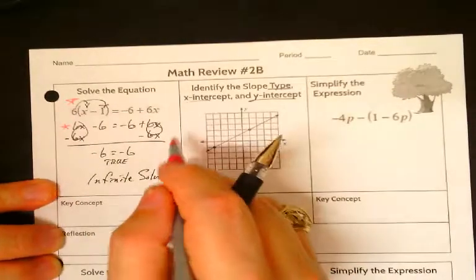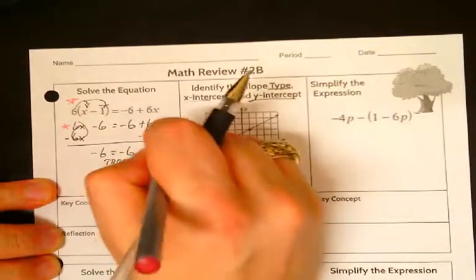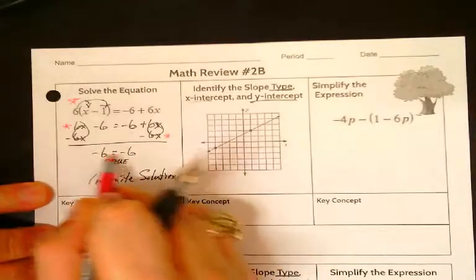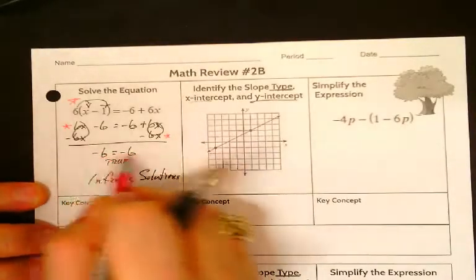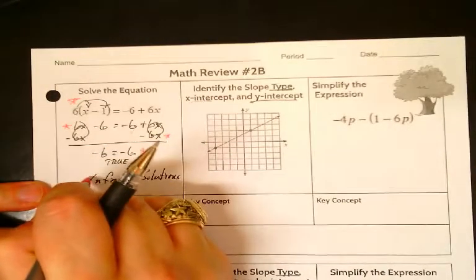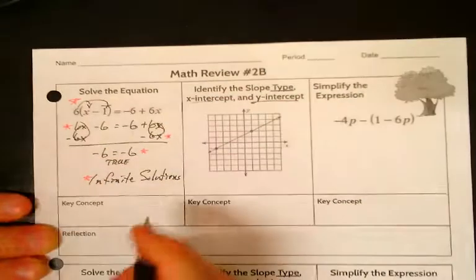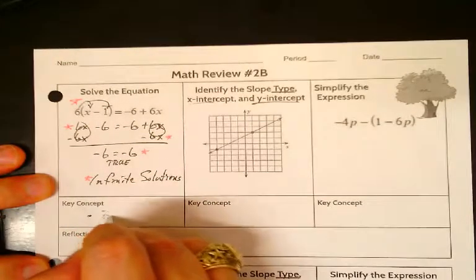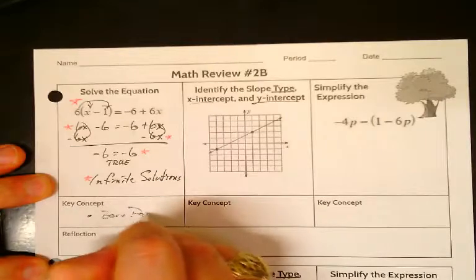So up here, if you did minus 6 at any point, give yourself credit. If you have the same number on both sides, give yourself credit. And infinite solutions, if you have that, give yourself credit. And our key concept here, zero pairs.